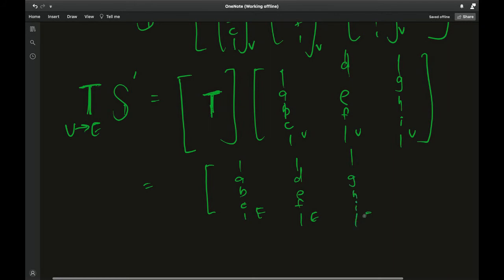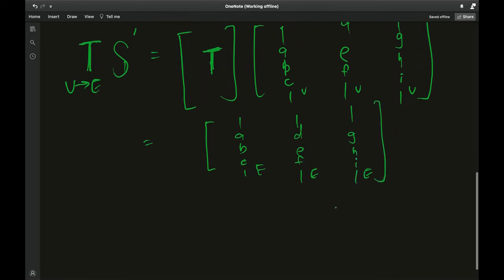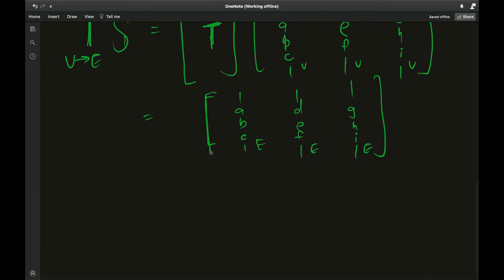Multiplying two matrices together is basically multiplying each column of the second matrix by the first matrix individually. That's the idea.